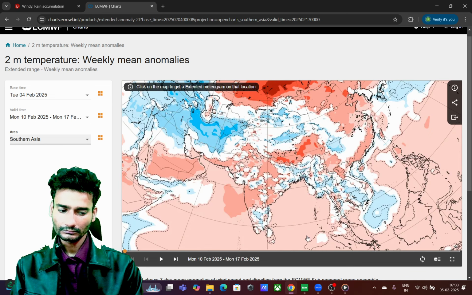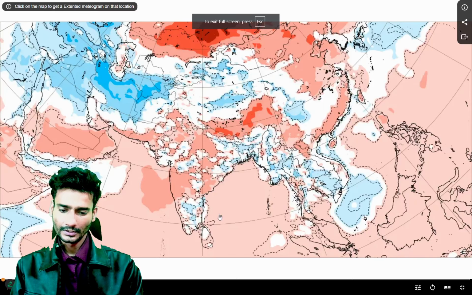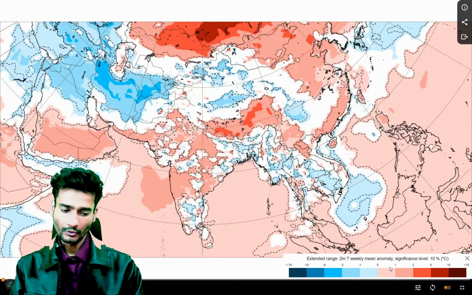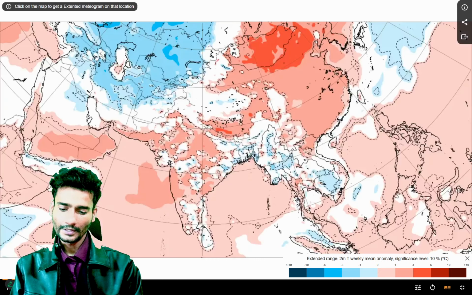If you look here, the temperature over most of the Indian region is likely to remain above normal, around 1 to 2 degrees Celsius above normal. Now, if we go for next week, 17 February to 24 of February, you will again see a similar temperature distribution with above normal anomalies.